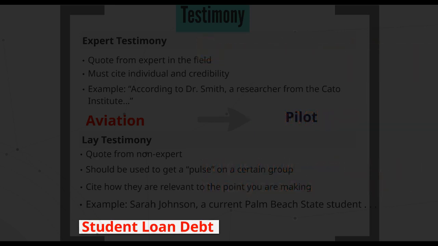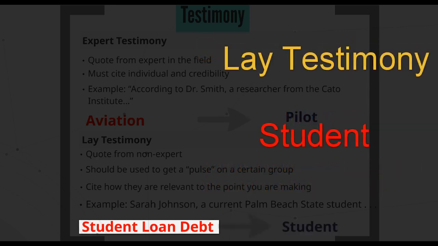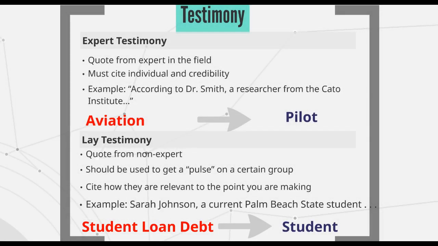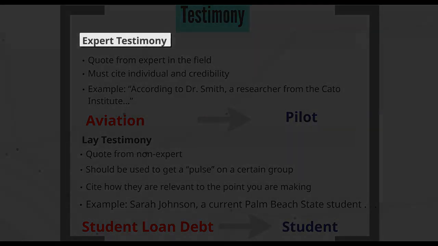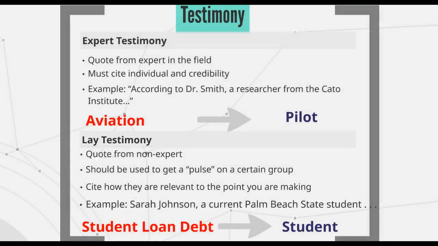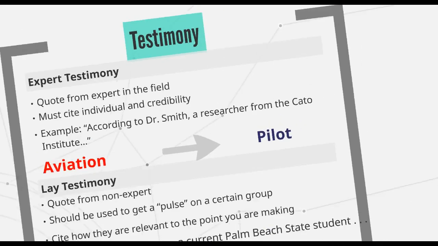Now, if you're looking for lay testimony, you could actually ask a student who could talk about how difficult it is to pay their bills and how they're struggling with the fact that, you know, they have an entry-level job that pays $30,000 a year and they have $100,000 in student loan debt and they don't know when they'll pay that off. So both of those perspectives can be really effective for a speech, but they're obviously different, right? One is more objective, one is subjective, but each gives you different ways of viewing the same thing.